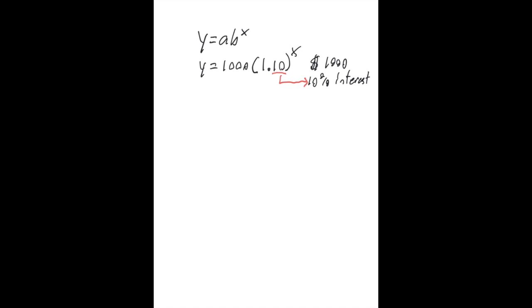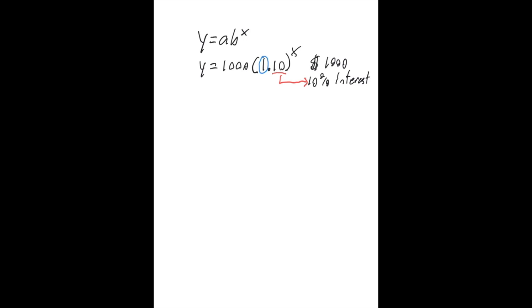The 1 is basically there to keep track of how much you started with. The 1 times 1,000, that's the amount you started with. The 0.1 times 1,000, that part's going to tell you the interest that you're earning.